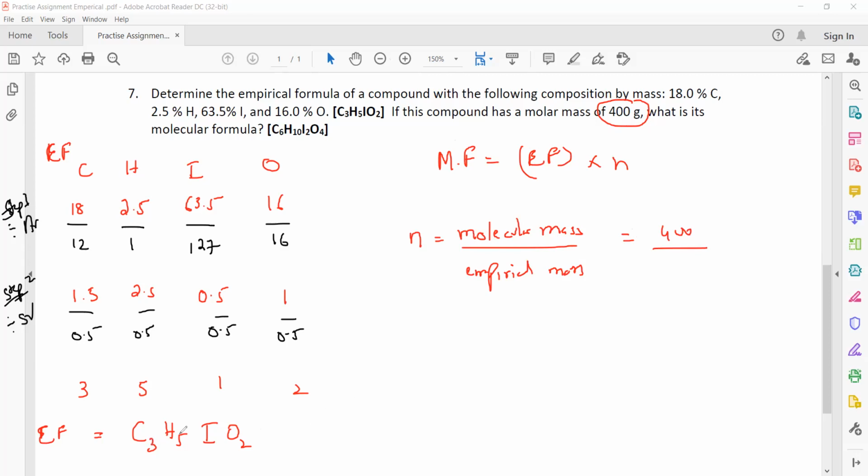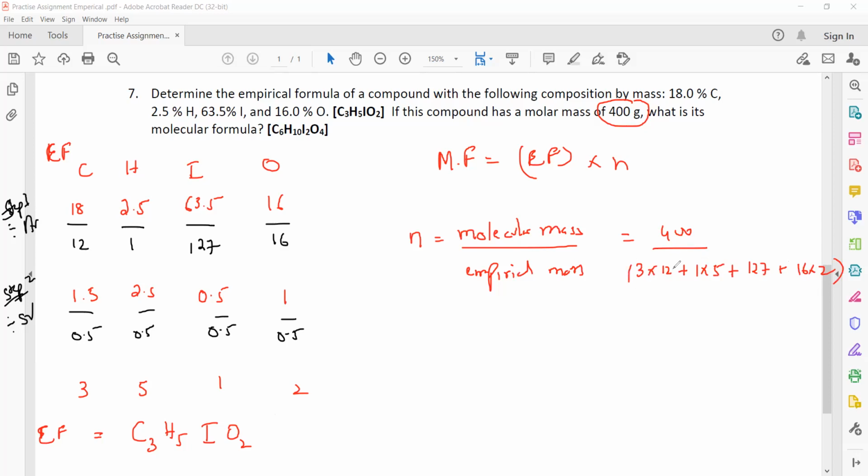It contains 3 carbon, so it will be 3 multiplied by 12, plus 5 hydrogen, so 1 multiplied by 5, plus 1 iodine, which is 127, plus 2 oxygen, so 16 multiplied by 2.